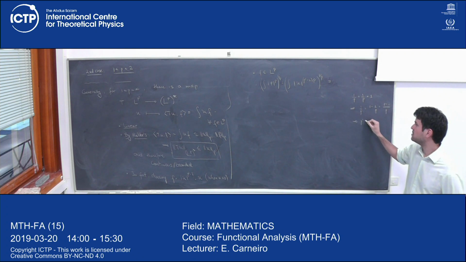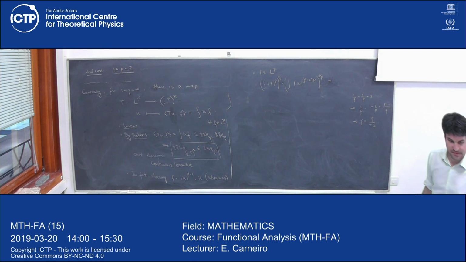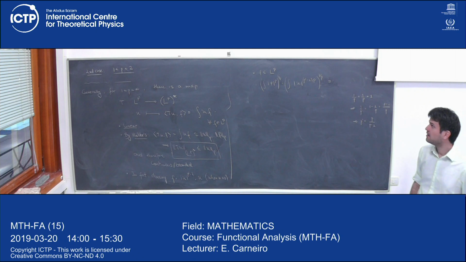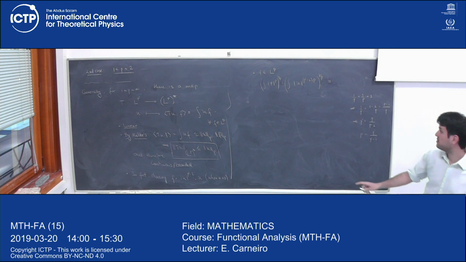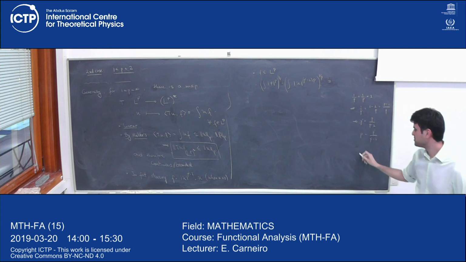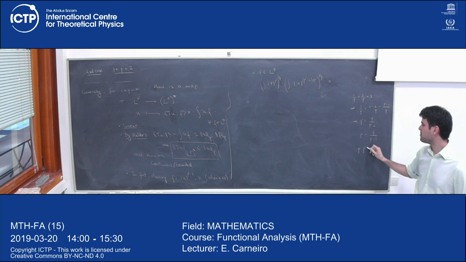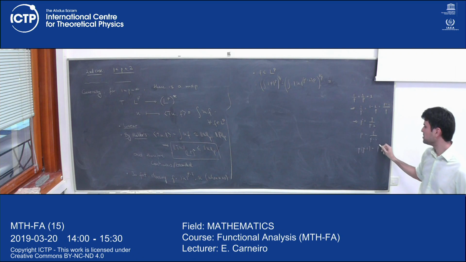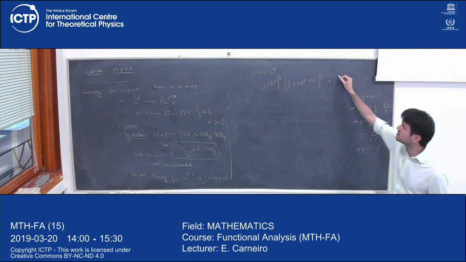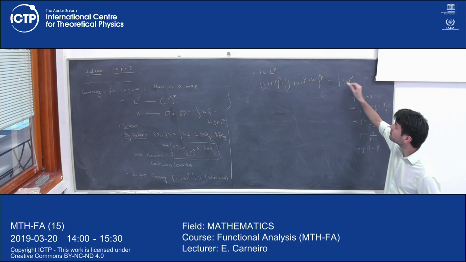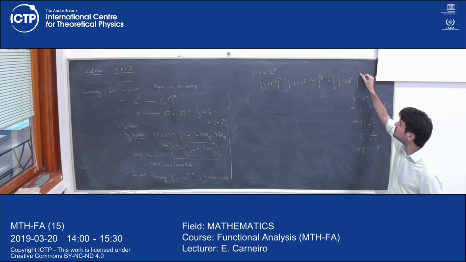So p prime is p over p minus 1. And reversing the roles, p is p prime over p prime minus 1. So p times p prime minus 1 is just equal to p prime. So this is just the integral of |u| to the p prime, raised to the 1 over p.